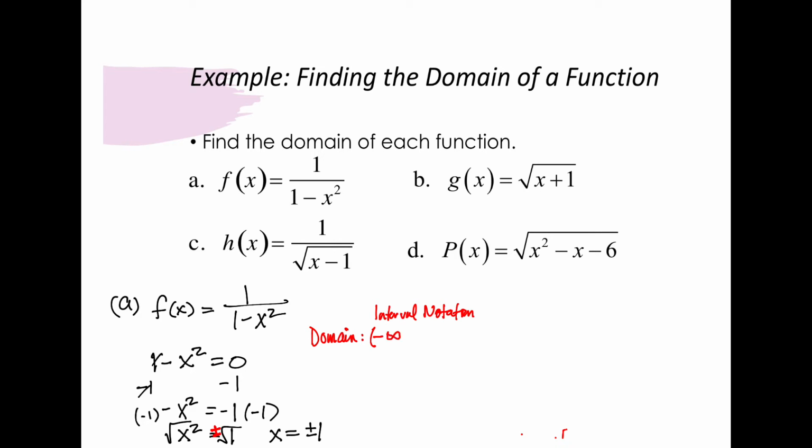I'm going to go from -infinity all the way up to -1, and then we're just going to exclude the -1. With interval notation, we use parentheses with the infinities always, and we use a parenthesis if we're excluding something. So this is going all the way up to -1, not including -1. And then again, starting up from -1 all the way up to +1.